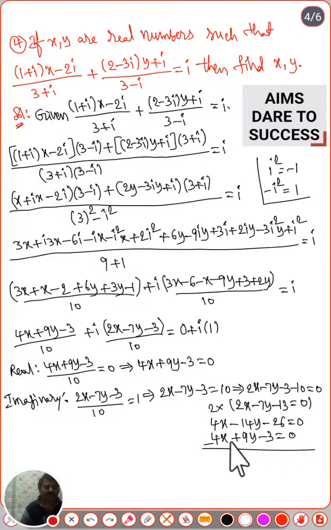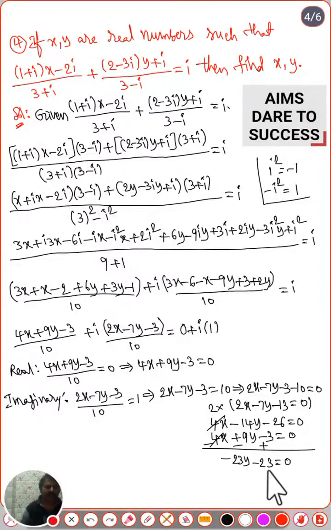Just subtract these. Subtracting means opposite symbol. Plus 4x minus 4x get cancelled. Minus 14y minus 9y is minus 23y. Coming to here, 3 minus 26 is minus 23, is equal to 0.